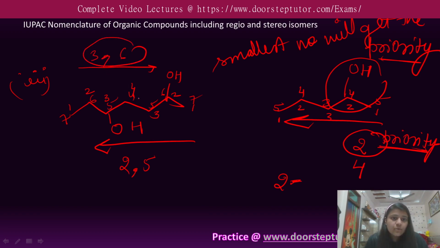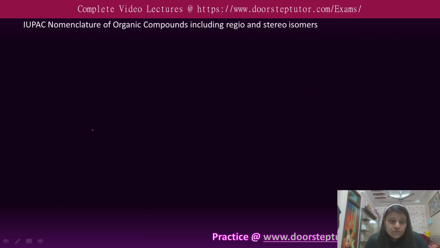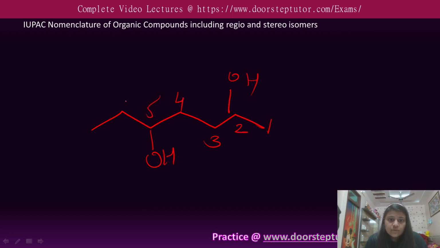So which is the lowest? That's the lowest one, so I have to prioritize this. This is correct and this is wrong. I'll explain again. This is an OH group and this is also an OH group. The numbering starts from this position: first, second, third, fourth, fifth, sixth and seventh. We have two substituents, so we give priority to the smallest numbers, the second and fifth positions.